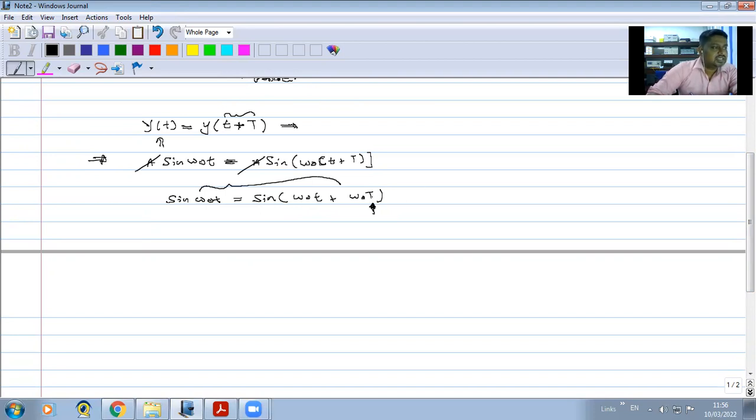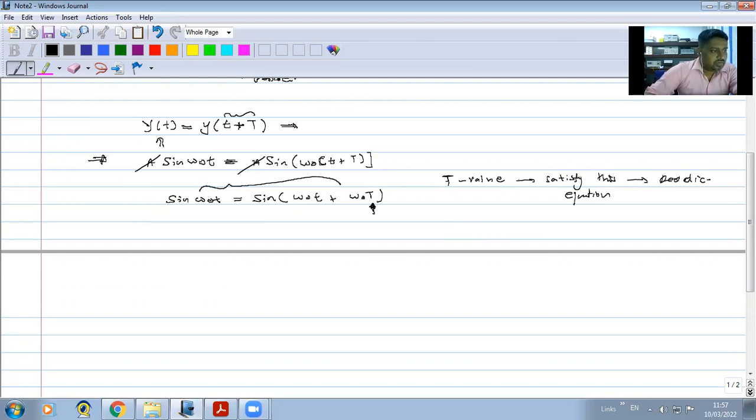If we couldn't find a value for T that satisfies this equation or this condition, then we can say that it is not a periodic signal.